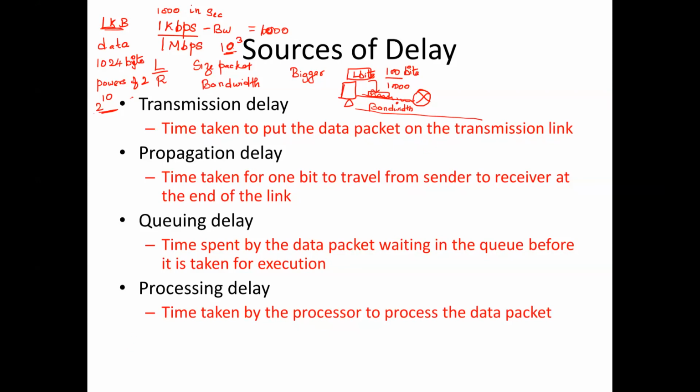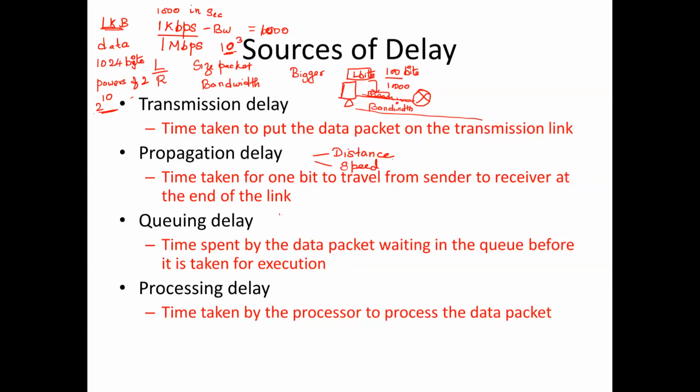Now this propagation delay depends on two important factors. What are they? The distance, how much it has to travel, and also the speed of the link, which is nothing but the bandwidth of the link. Better the bandwidth, the faster the bits are going to travel in the medium.